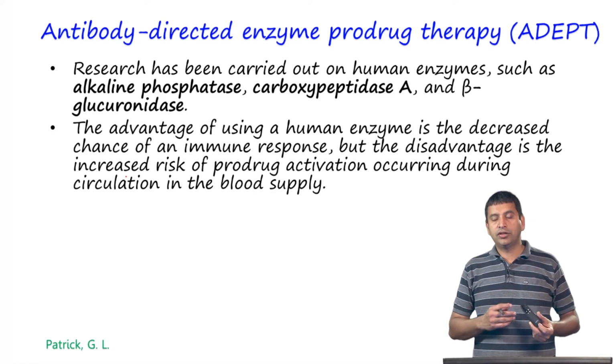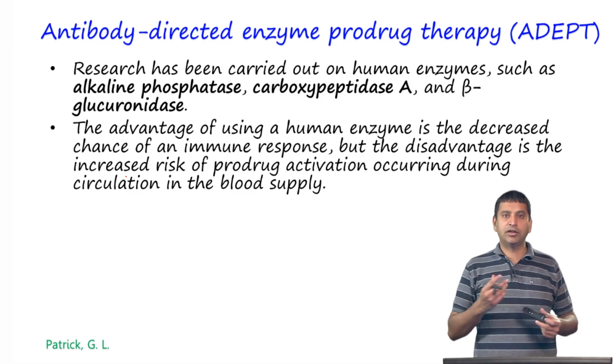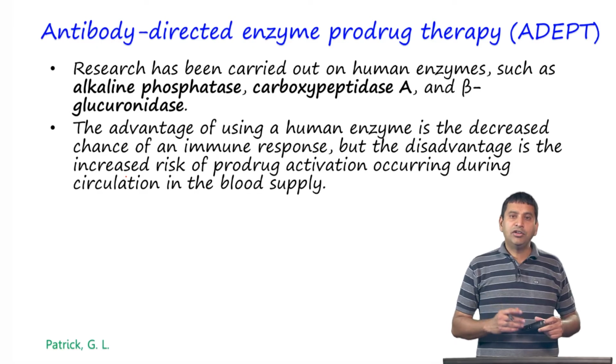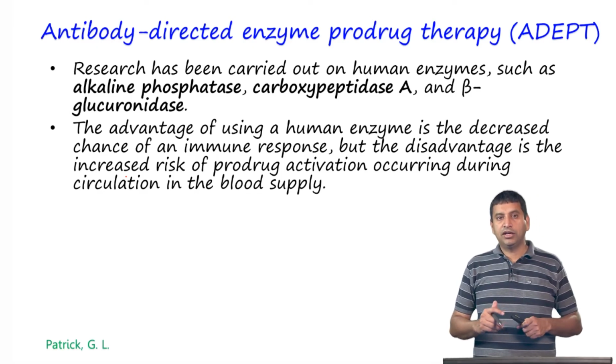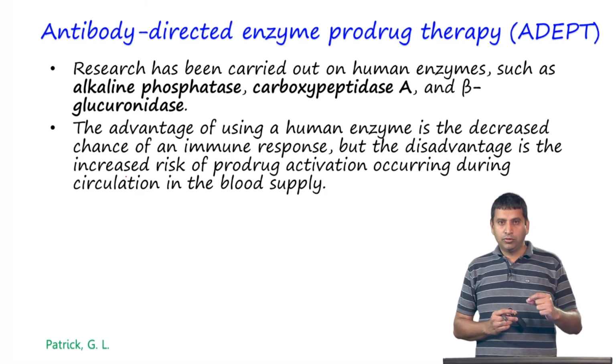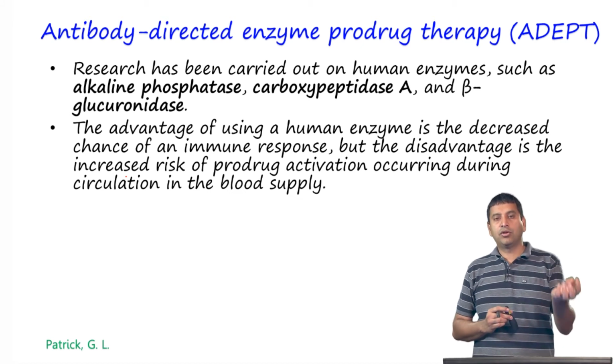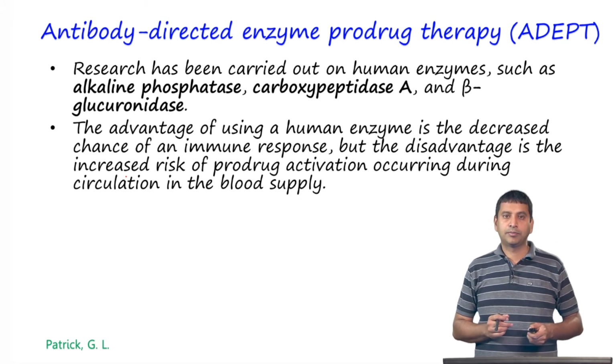Now, beta glucuronidase, of course, we need to express at a higher concentration. The advantage of using this human enzyme is that the immune response can go down. But of course, the problem with this approach is that prodrug activation can also occur in various other areas, because these enzymes are also present in these areas.